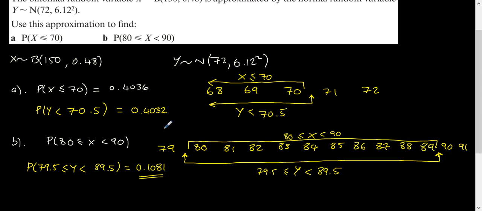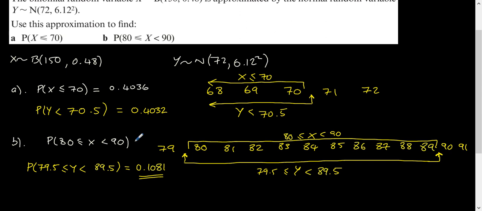Now, if I was to check the binomial distribution for this one, it takes slightly longer because we'll have to do some taking away. But if we go to binomial CD, and I'll just get the value so that I can check it as I'm talking to you. We've got x greater than or equal to 80, so 79 and take it from 1. We'll store that in A. So 0.8898.